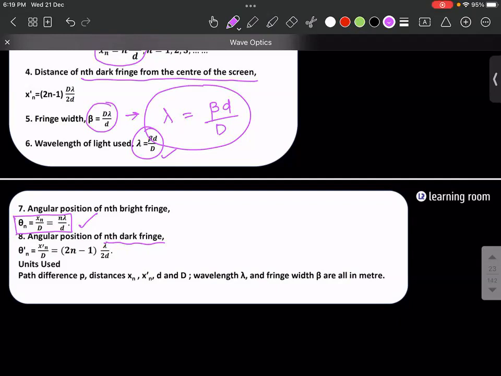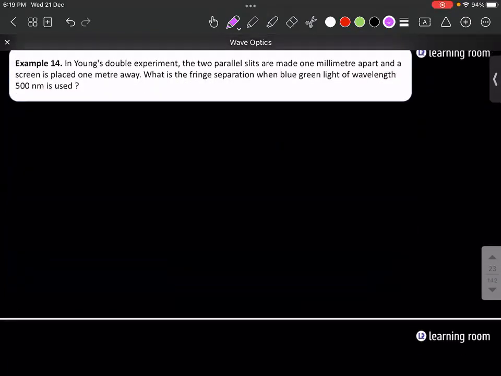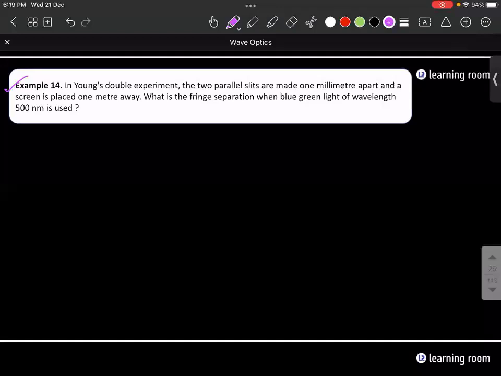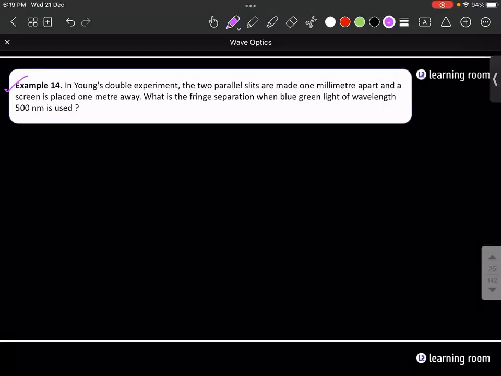Having all these values, let's try to solve some problems. In Young's double slit experiment, the two parallel slits are made 1 millimeter apart, and a screen is placed 1 meter away.